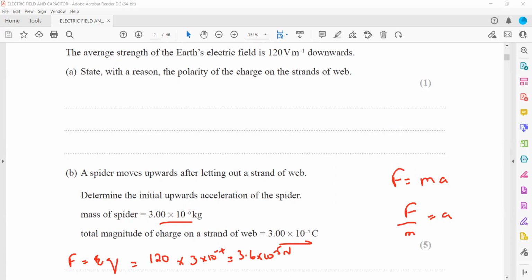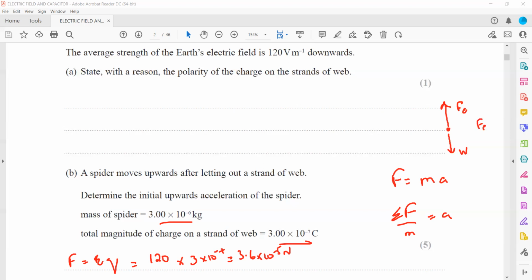But here we need a resultant force. To get the resultant force, as the strand of web is moving up and the weight of the spider is acting down, the weight will be the downward force and the electric force is acting upward. So we'll find the resultant force by the difference of the two.